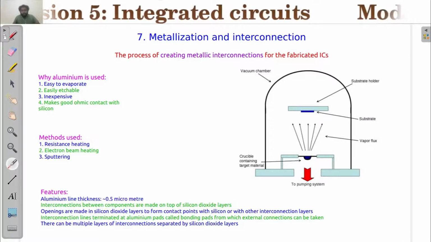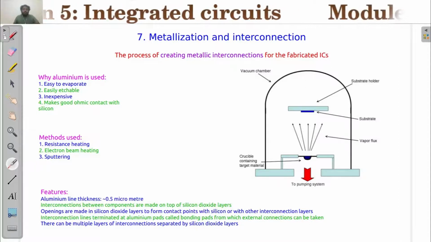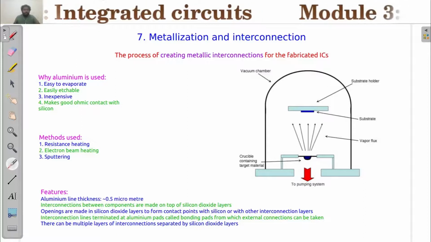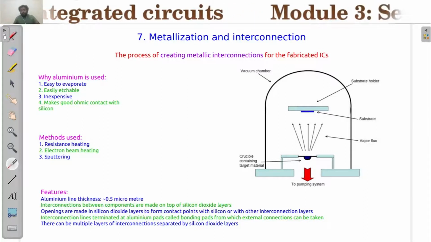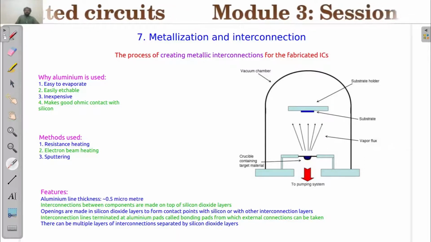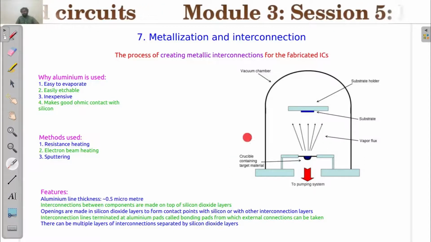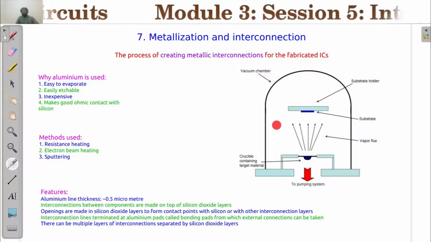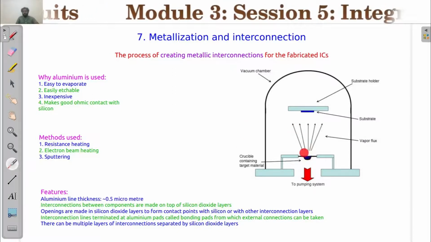That is one method to make metallization. The second method is electron beam heating, where you hold the aluminum in a crucible, and electrons are accelerated from a source and hit the target, which is our aluminum.